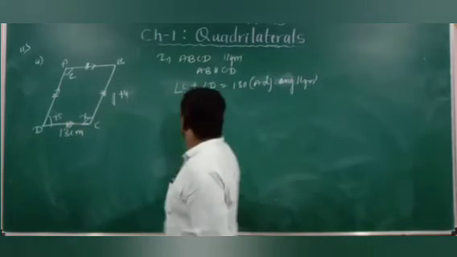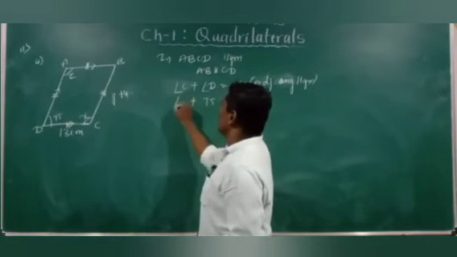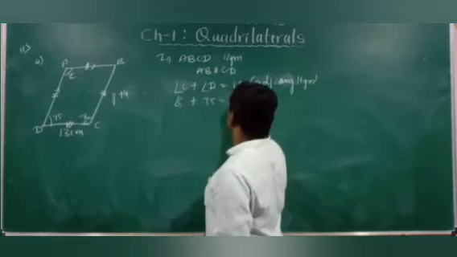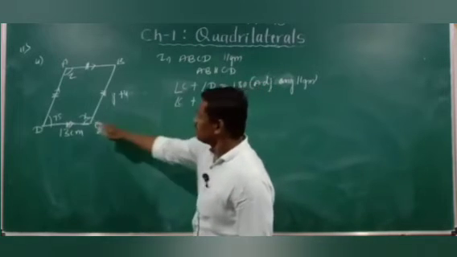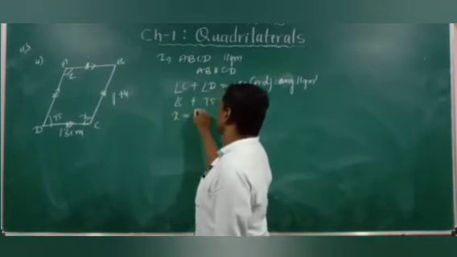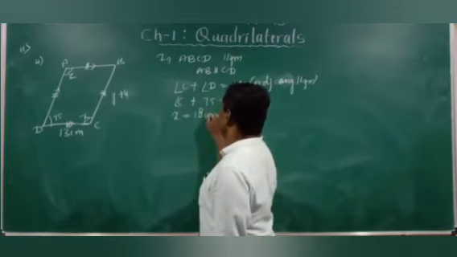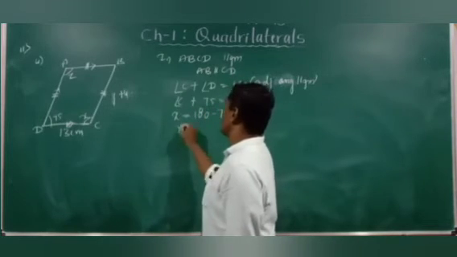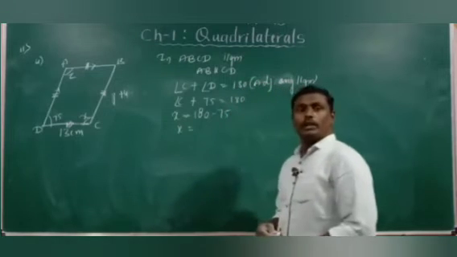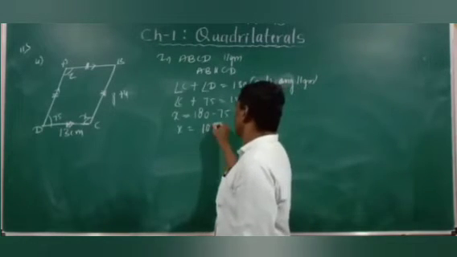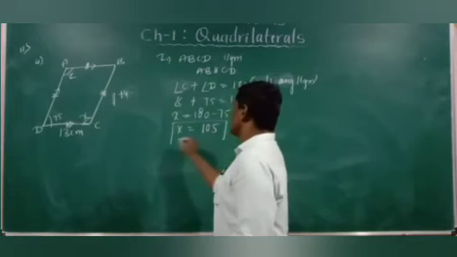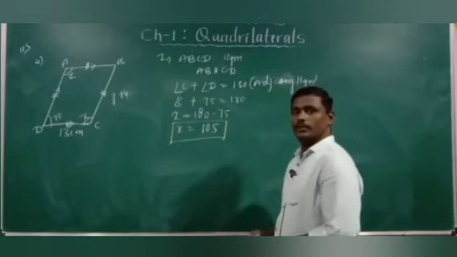Angle D is already given, that is 75, plus angle C is equal to 180 degree. Angle C is nothing but x, so x is equal to 180 minus 75, which means 105. So x value is 105.